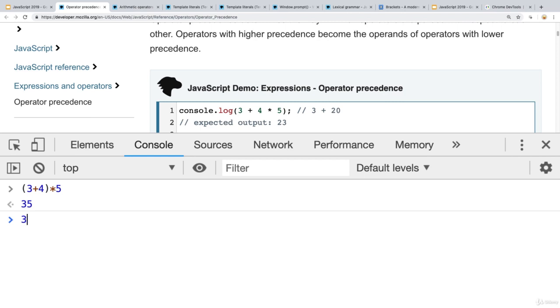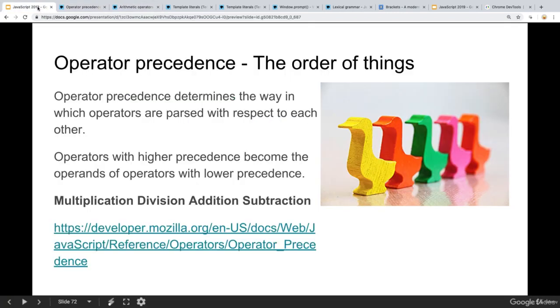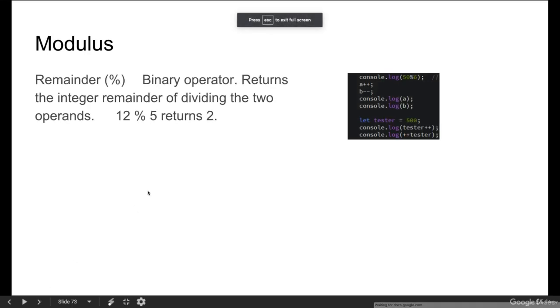Whereas if we have 3 plus 4 times 5, we're going to end up with 23. You get the picture. Wrapping it in brackets works the same way as regular math outside of coding. So keep in mind that there is an order, and if you're doing some math and you're not getting the value that you're expecting, take a look at the order that it's being presented in.